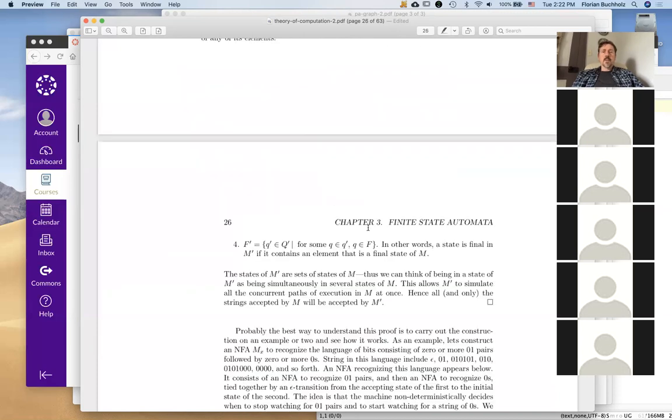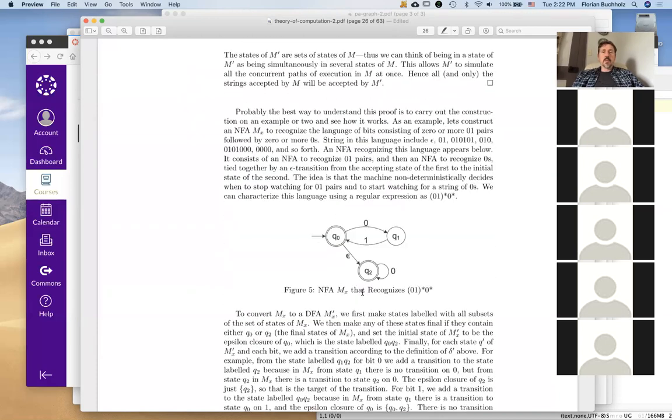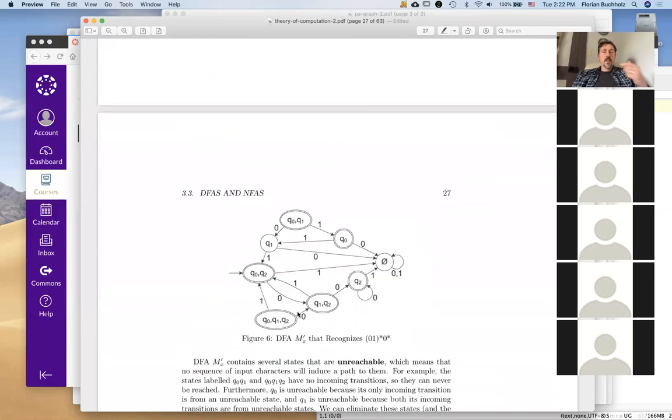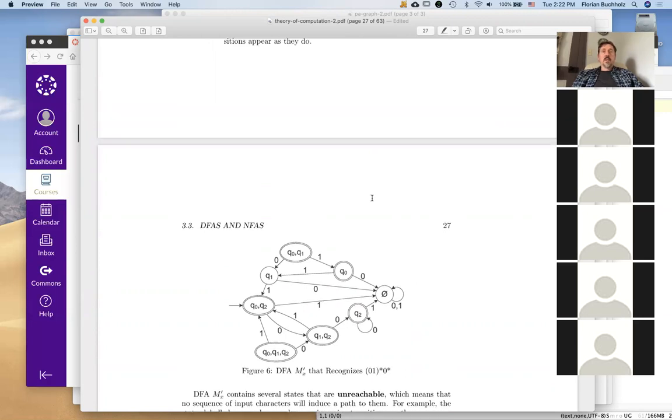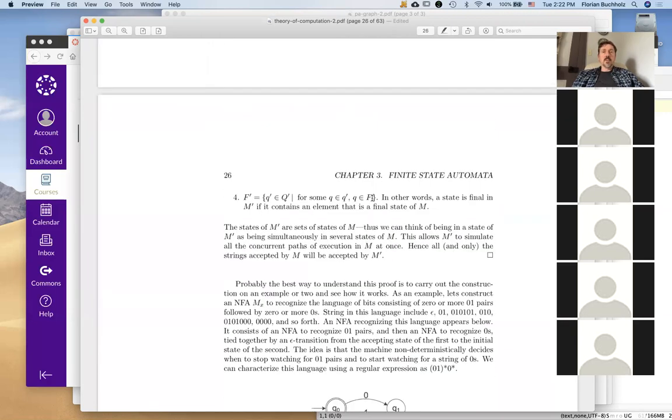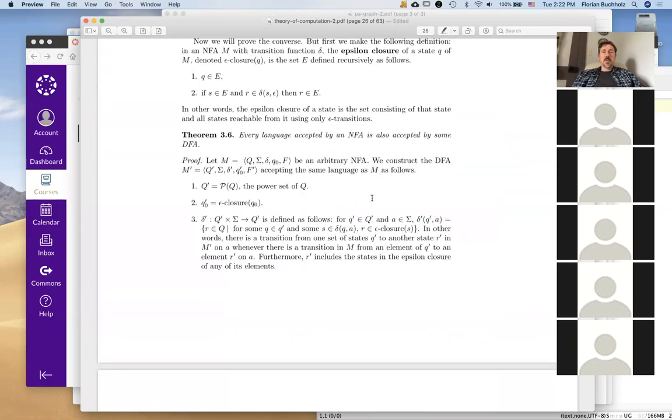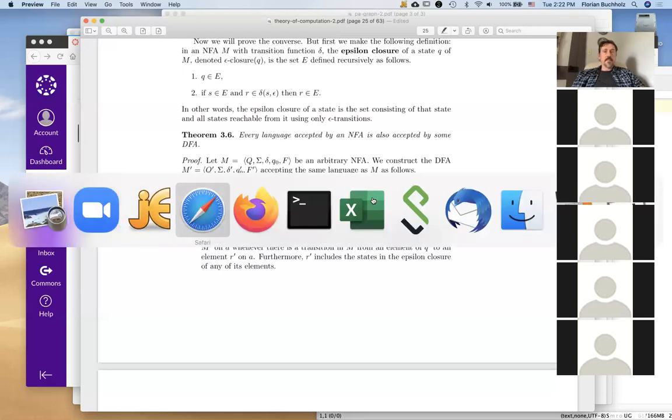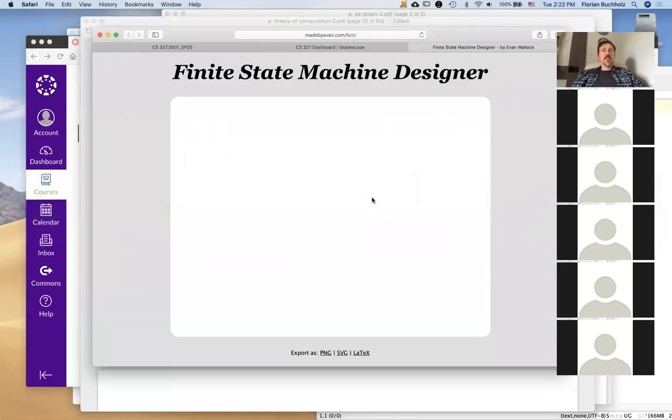Given that we're going to get from here to something like this, I'm not going to do my hand annotating stuff. So it is now time to switch to some software to do this. And for the homework, I'm telling you, you must use this. It's the Finite State Machine Designer.